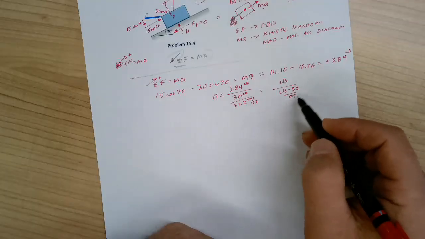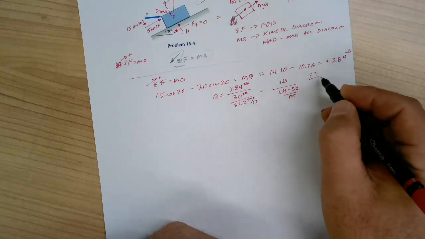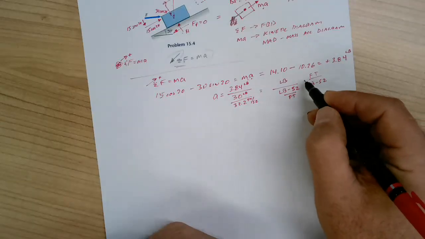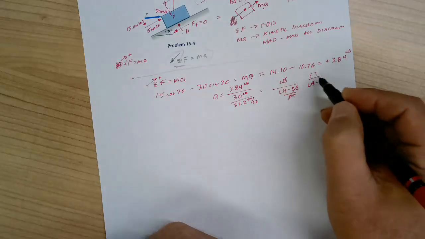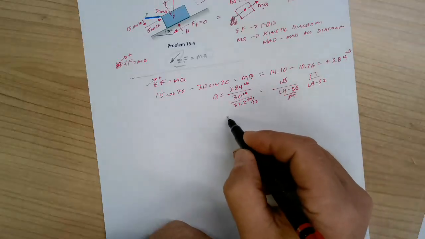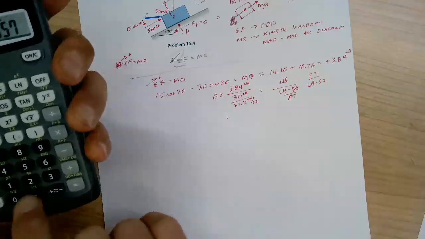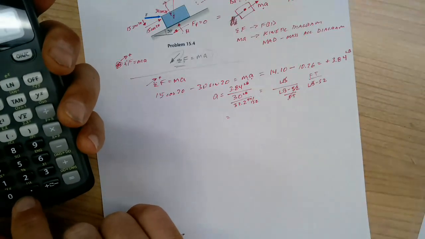We can put it in here, and now when I simplify this, I'll put feet over pound second squared in the numerator, and the pounds cancel out, and I'm left with feet per second squared. It should always work out. I'll get an acceleration that is going to be a little bit more than 3.84.